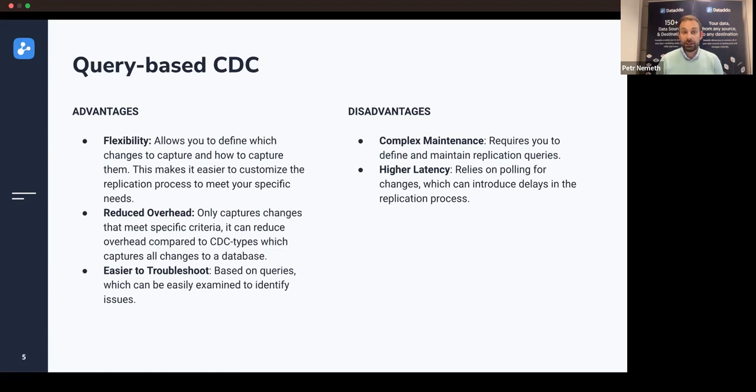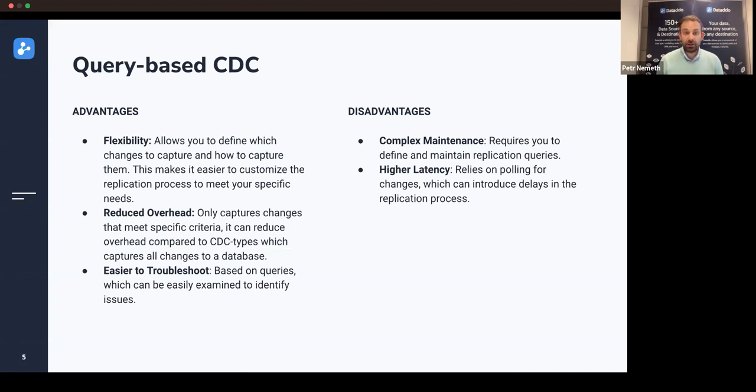Of course, the advantage here is the actual flexibility, because it's in fact a SQL query or any other query language. So it gives you the capability of customizing it in a very, very granular way. Of course, this has the implication that you have your table schema already.